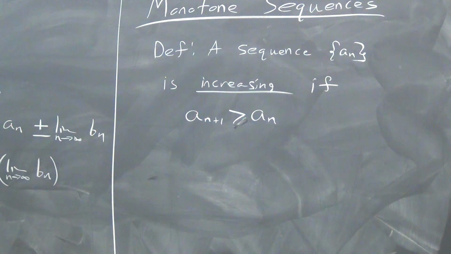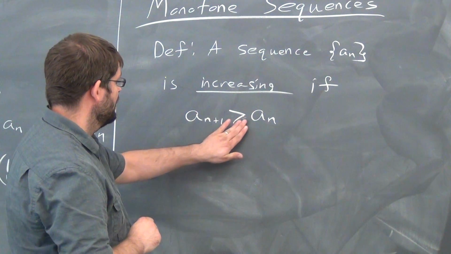So let me just double check that and look ahead into it. I want to stick with their definition. Let's see. So they say non-decreasing. Yeah, so they're using increasing and decreasing with just the strict. So this is fine. We'll stick with this. Okay?